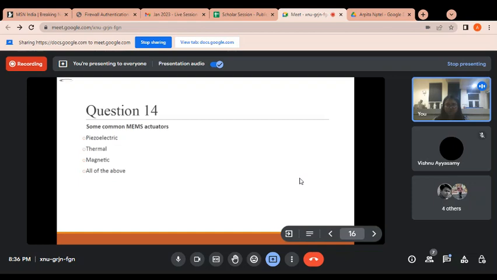Some common MEMS actuators. Bhagwani Shankar. Shankar. Yes, ma'am, 2 minutes. What is the right answer?